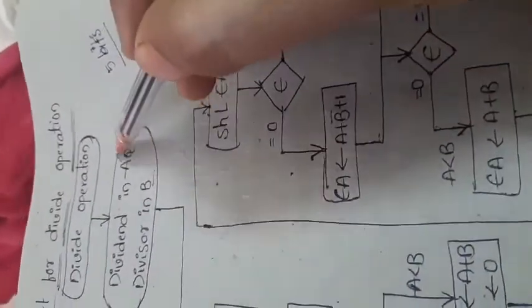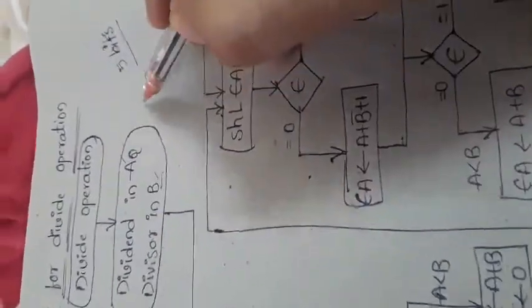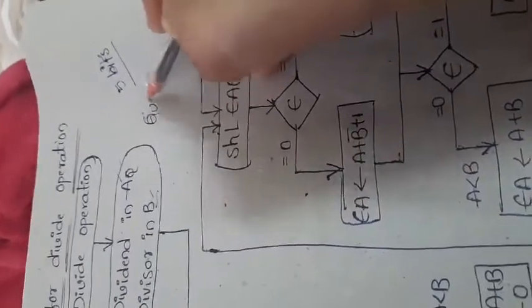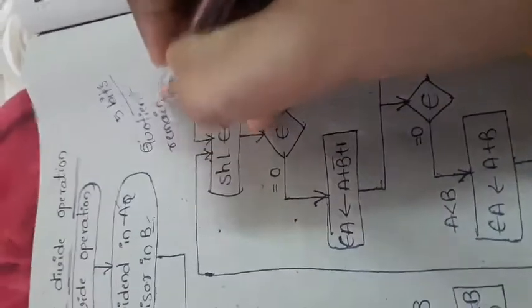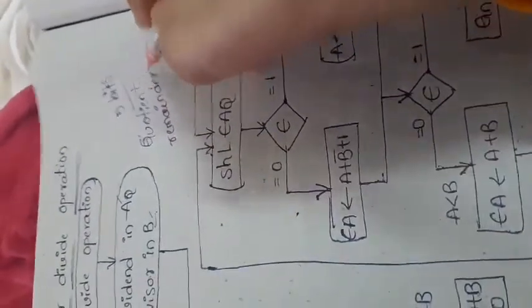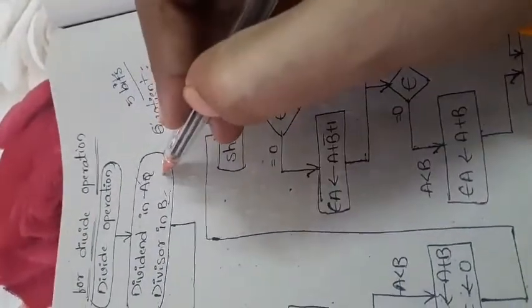The dividend is present in A and Q, and the divisor is present in B. We get two results, the quotient and the remainder. The quotient will be stored in the A register and the remainder in the Q register.